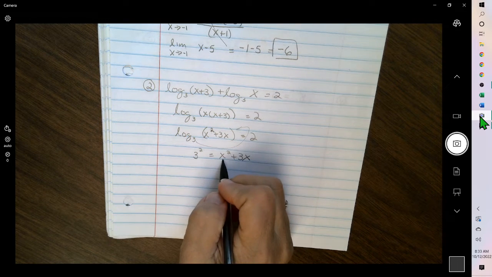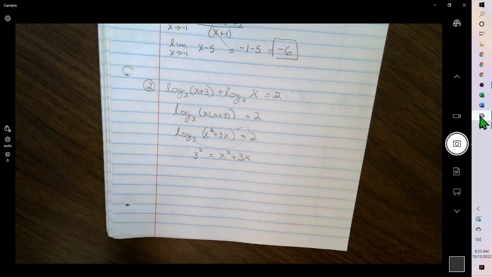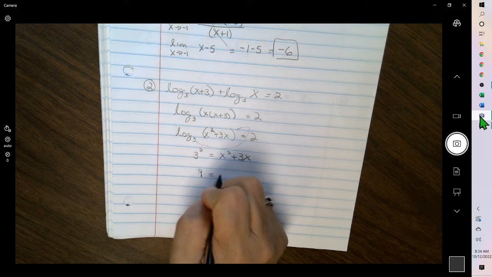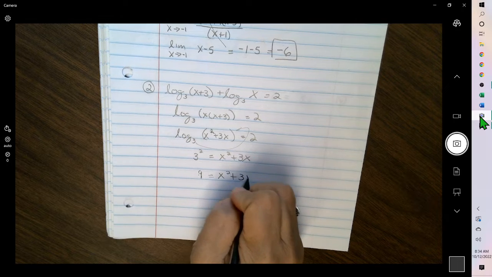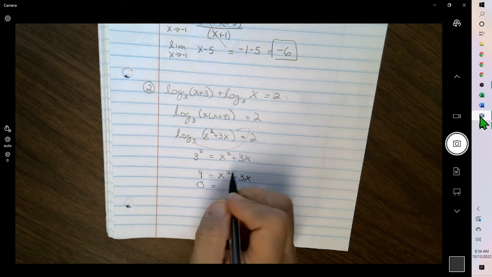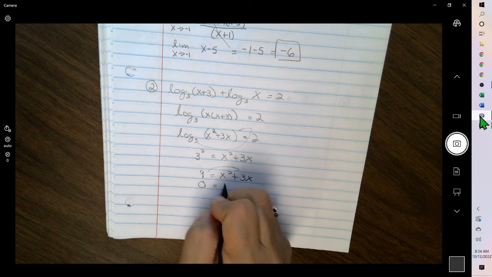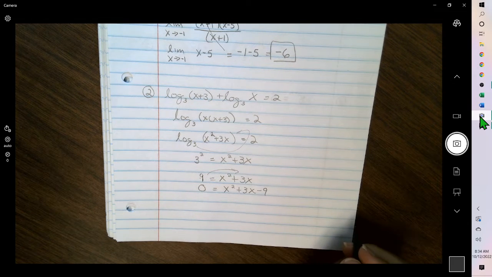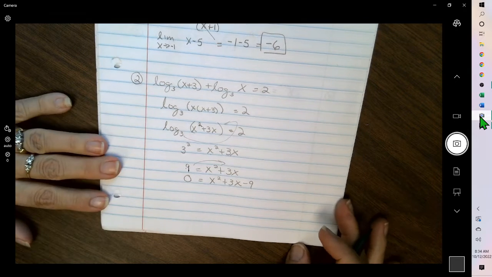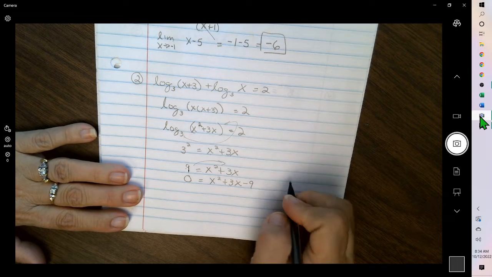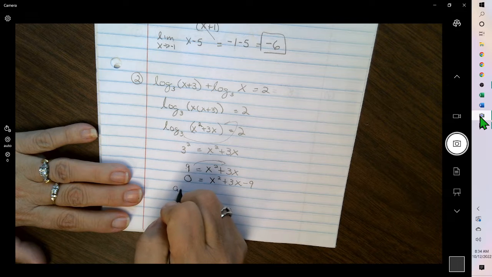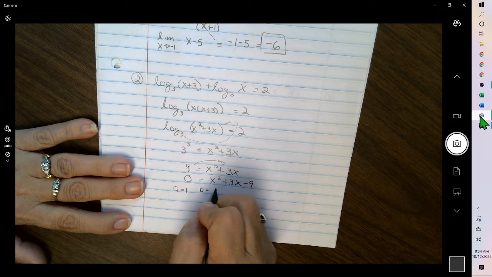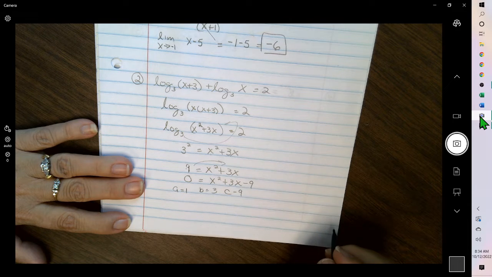Now we have a quadratic, so we need to get it set equal to 0. We could also, 3 squared is 9. Subtract the 9 to the other side. And this one is not factorable, so I'm going to put it in the quadratic formula. A is 1, B is 3, and C is a -9.